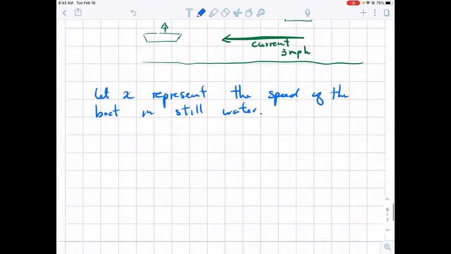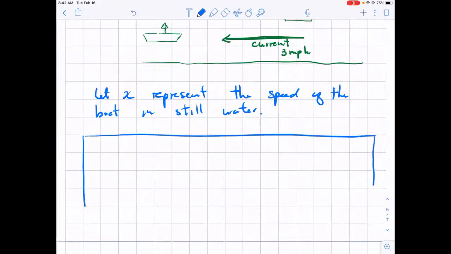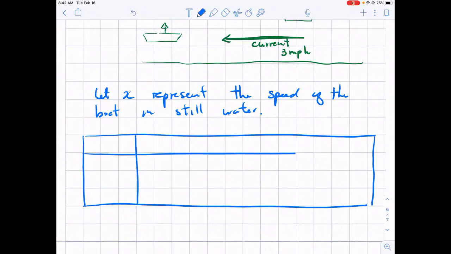So if we draw our little table as we did before, a similar table, we're talking about a few things here. We're talking about the distance, we're talking about the rate, and then we can figure out the time.